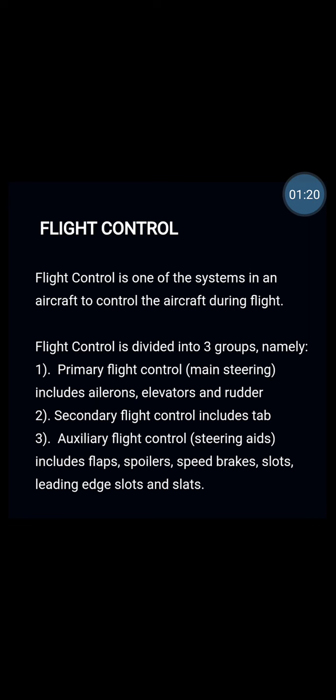Secondary flight control includes tab. And 3. Auxiliary flight control or steering edge includes flaps, spoilers, speed brakes, slots, leading edge, slot, and slat.